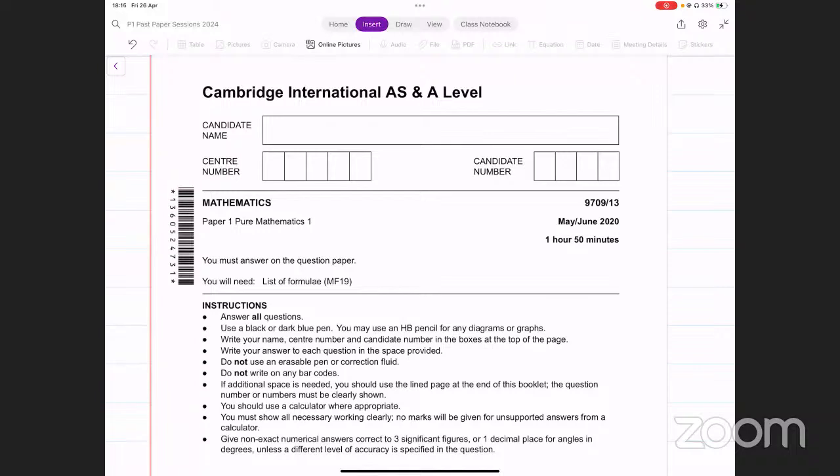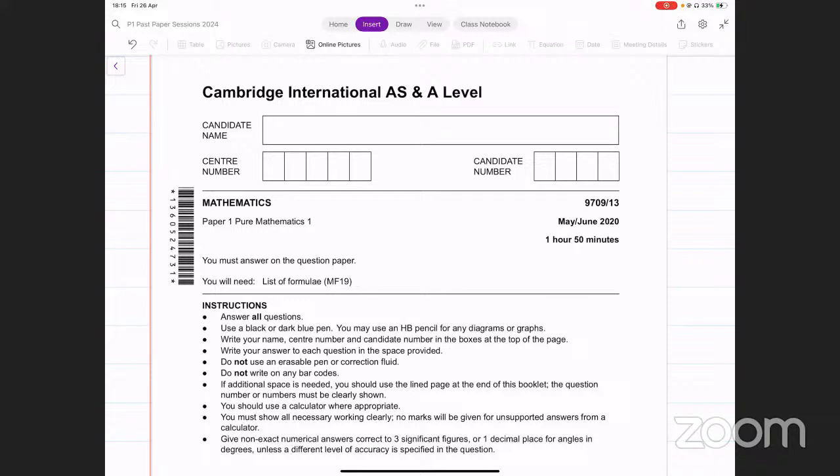About mechanics, well, mechanics is going to be on 7th May. There's still time for that. So we will do the session before the mechanics paper as well. On Wednesday, by the way, we won't have a mechanics class.